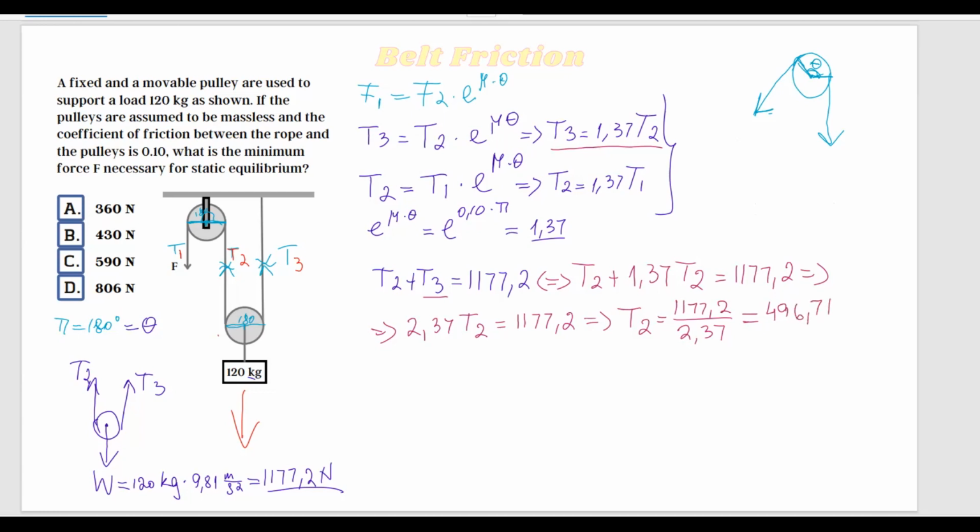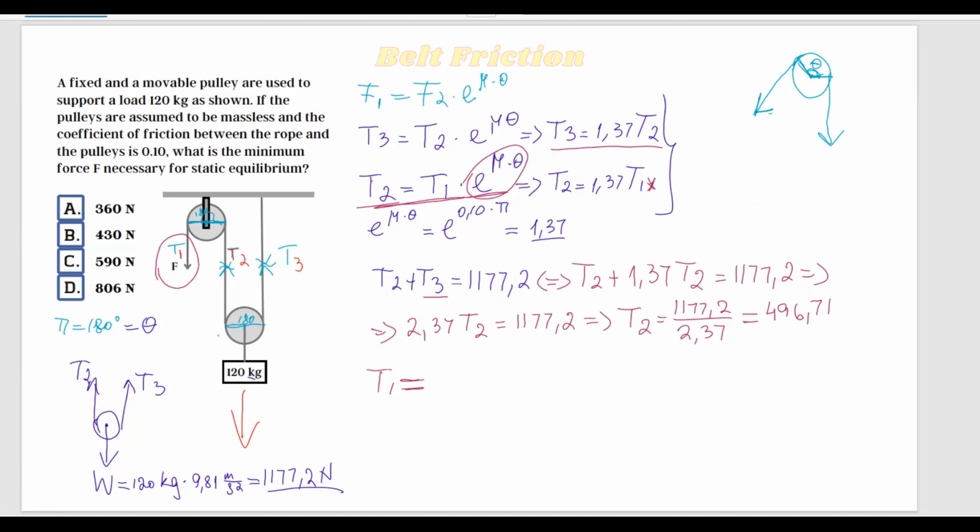And this is going to give us a value for T2 of 496.71. So we have calculated T2, but we have to actually calculate this force F, which is T1, the minimum force necessary for static equilibrium. So we can come back to this equation now and calculate T1. We have T1 equal to T2 divided by this value over here.